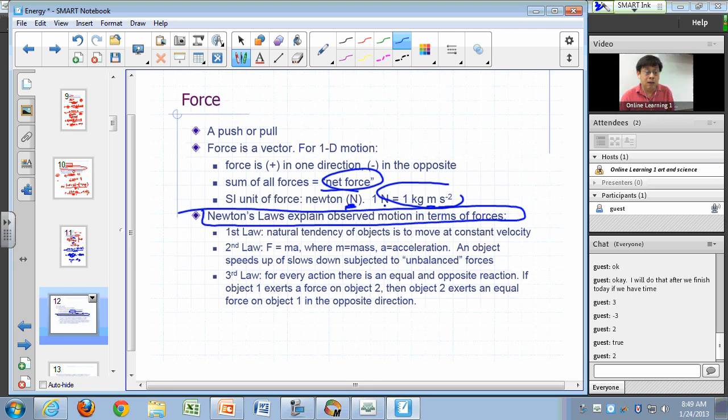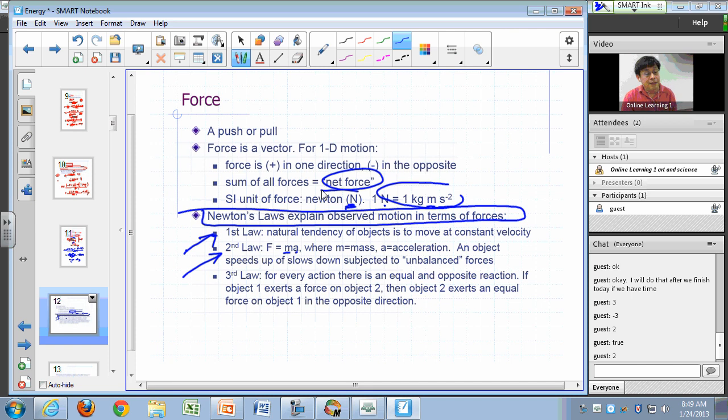Newton's first law says that the natural tendency for objects is to move at constant velocity. That's called the law of inertia. The second law says if you see something accelerating, then there must be an unbalanced force on that object, and the force is equal to the mass of that object times acceleration.